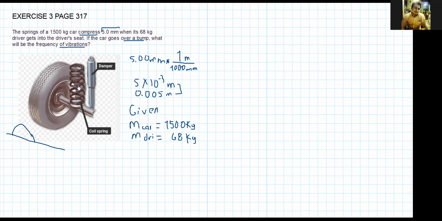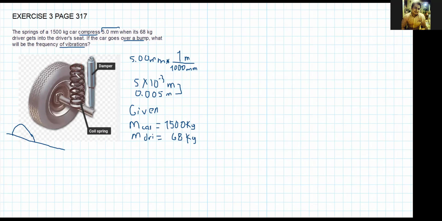We are applying a force here in this direction, okay? We're compressing this one. So the compression of the spring is equivalent to 5 millimeters, okay? Or 0.005 meters.